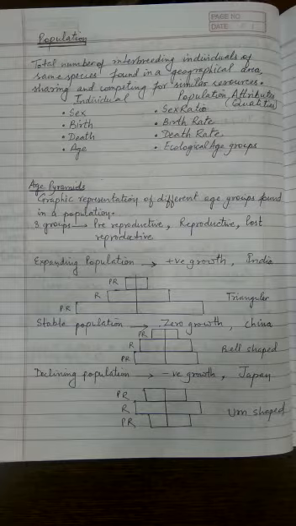We learned in the last class that population is the total number of interbreeding individuals of the same species which are found in a particular geographical area, and then they share similar resources and they also compete for the same resources. The population is made up of similar individuals surviving in the same area, and they always interbreed sexually.